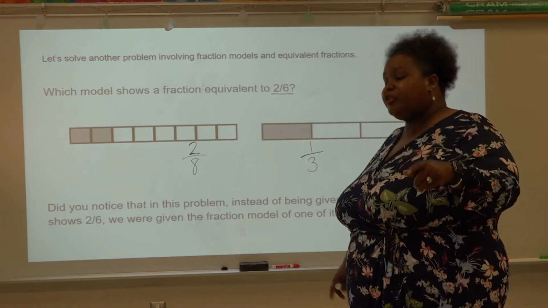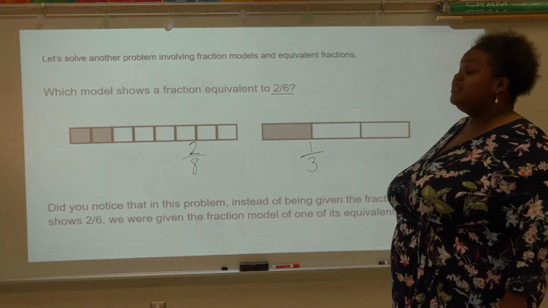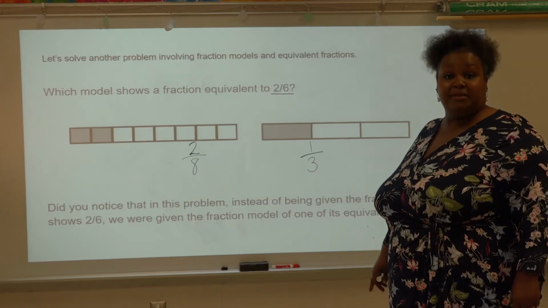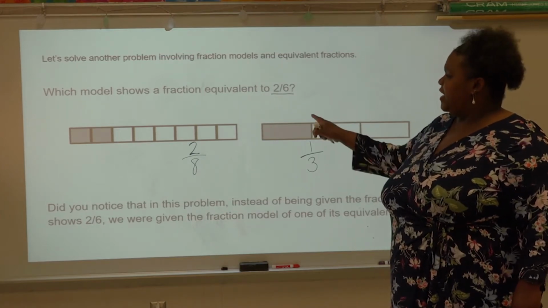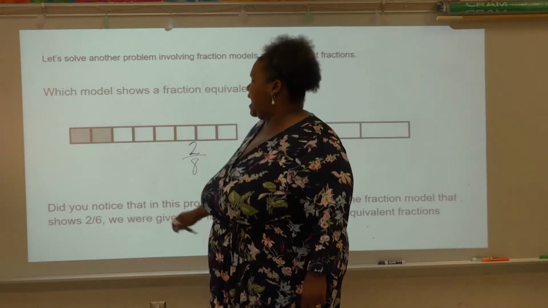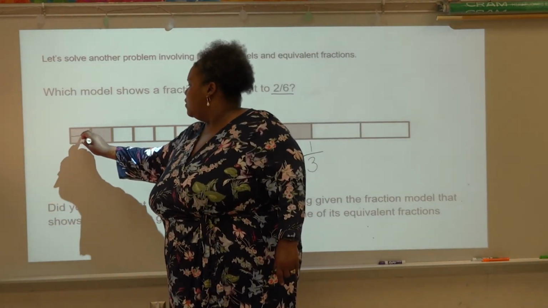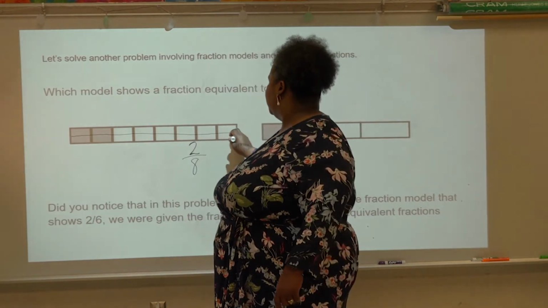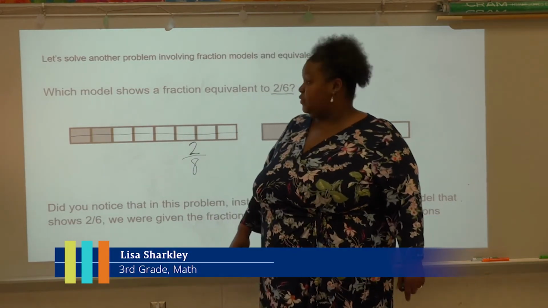Can you picture cutting one of these models to make 6 equal pieces? Now, if I cut this model, if I put a horizontal line through it, let's see what it shows.